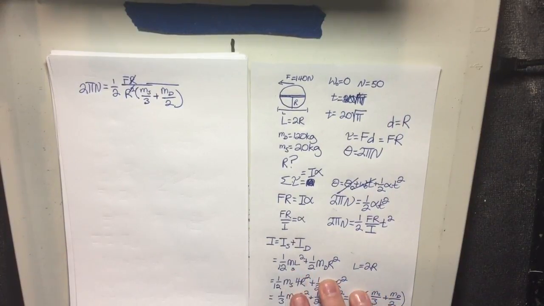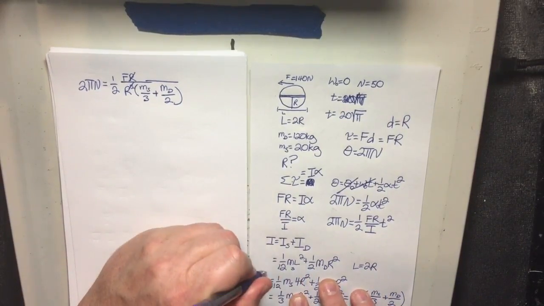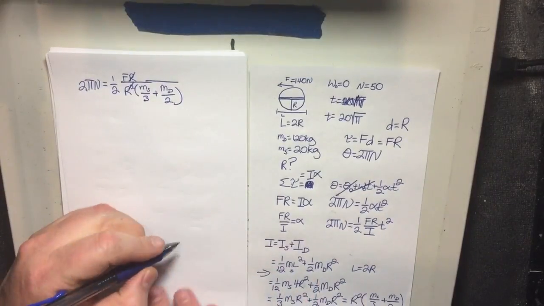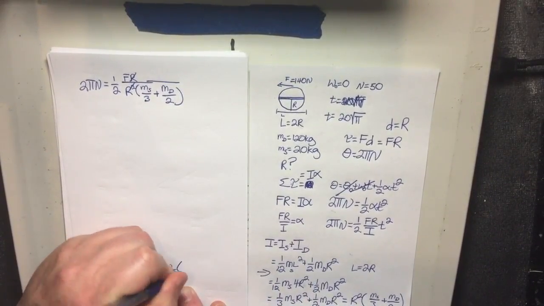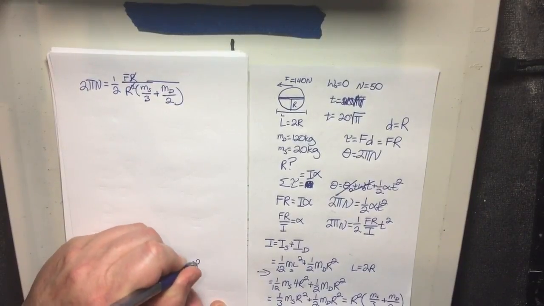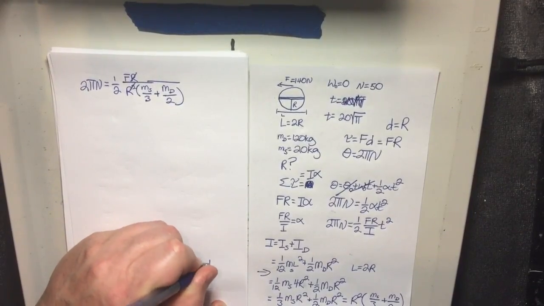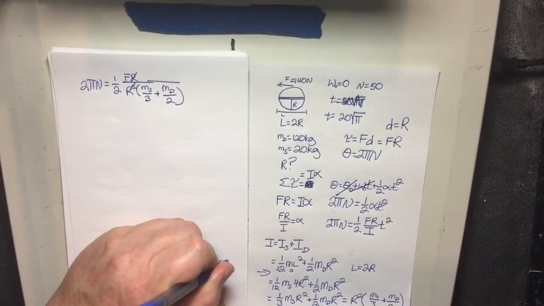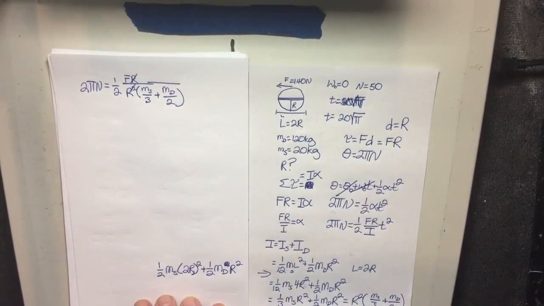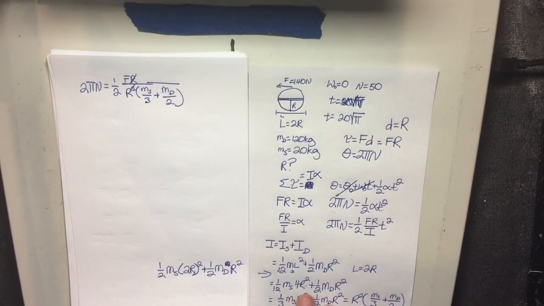So there's a middle step: 1/12 m_s (2r) squared plus 1/2 m_d r squared. So that 2r becomes a 4r squared. 4/12 is 1/3. Does that explain it? Okay.